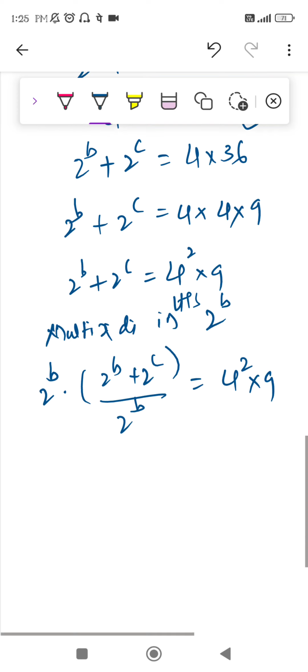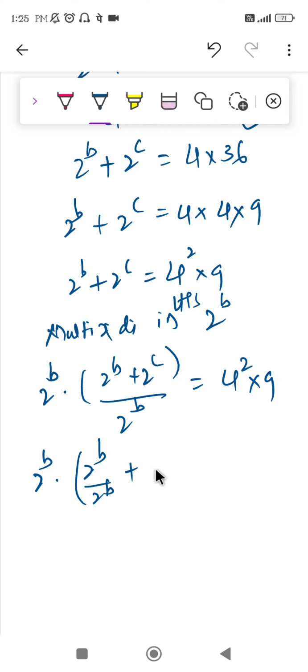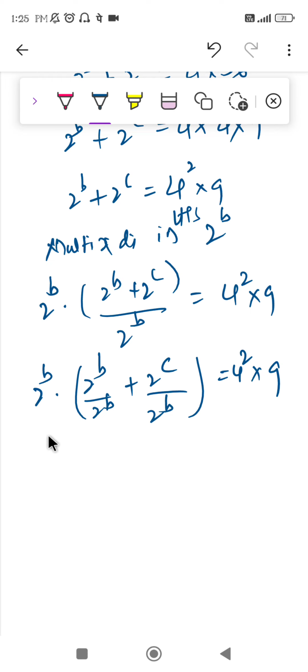And here, separating these variables: 2 to the power of b divided by 2 to the power of b plus 2 to the power of c divided by 2 to the power of b is equal to 4 square into 9. Here also we can separate the two variables.